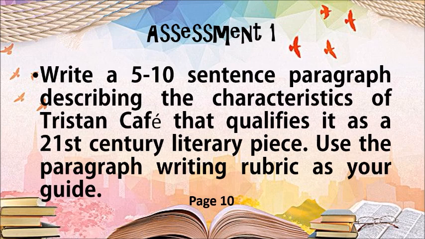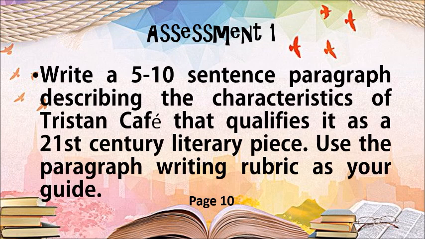Open your module on page 10. About the activity earlier, activity number 1, for assessment number 1, write a 5 to 10 sentence paragraph describing the characteristics of Tristan Cafe that qualify it as a 21st century literary piece. Use the paragraph writing rubric as your guide.